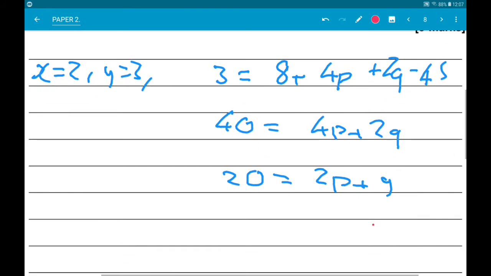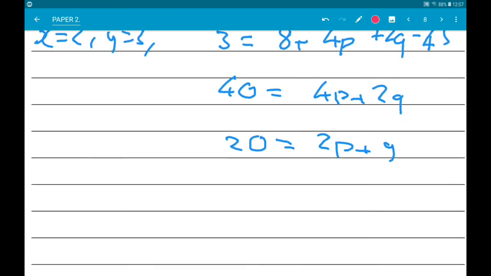So dy by dx is 3x squared add 2px plus q.